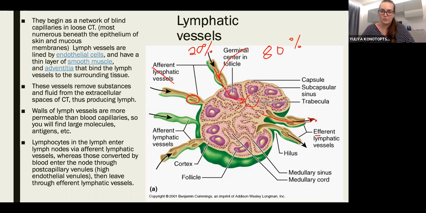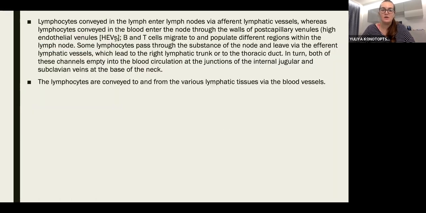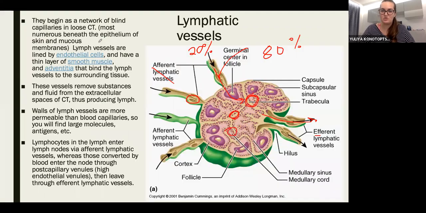We saw them last semester, we call them HEV, high endothelial venule. This is the name of the blood vessel that lymphocytes use in order to get to the lymph node or to other lymphatic tissue like the spleen.